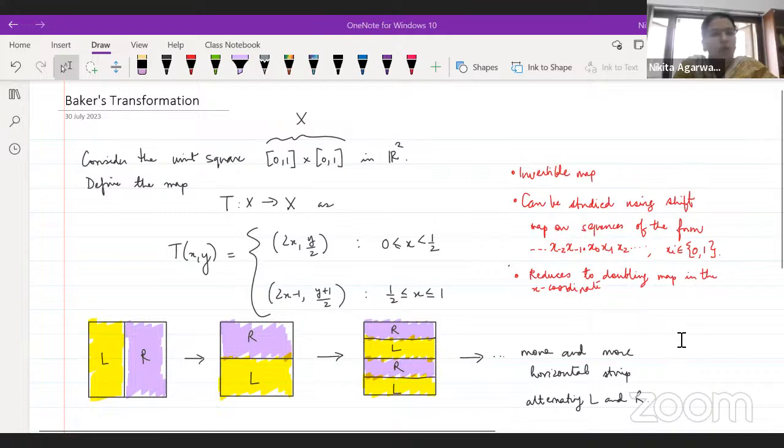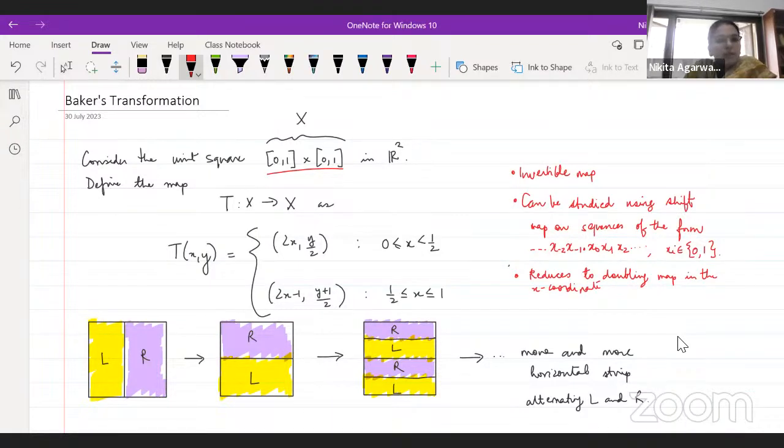So let me explain what Baker's transformation is. It is different from all the other examples that we spoke about yesterday, in the sense that all the discrete maps that we talked about yesterday were on the interval or on the circle. Now I'm going to talk about a map which is on the unit square in R2. So the state space for me is this interval cross interval, which is a unit square in R2.